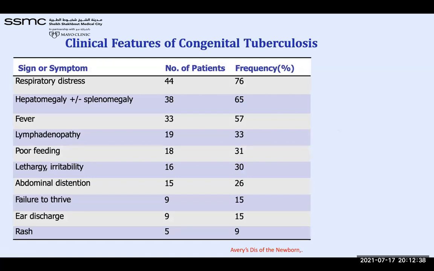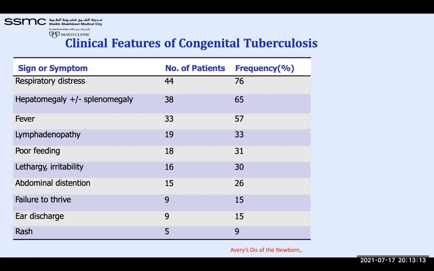As I am discussing the clinical features of congenital tuberculosis, the most common ones are respiratory distress, hepatosplenomegaly, fever, lymphadenopathy, poor feeding, lethargy, irritability, abdominal distension, failure to thrive, and ear discharge. Frequency-wise, 76% have respiratory distress, 65% hepatosplenomegaly, and 57% fever.